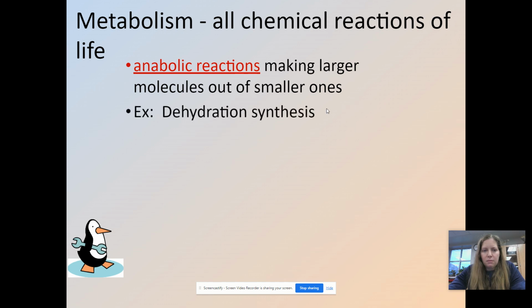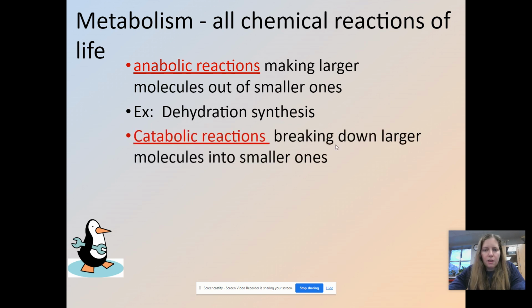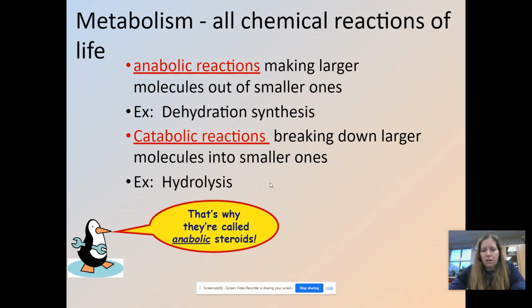And that process, you might remember, is dehydration synthesis, where we take monomers and put them together to form polymers. The flip side of that is catabolic reactions, where you break down more complex molecules into simpler ones. For example, hydrolysis reactions, that's where we're breaking them apart.